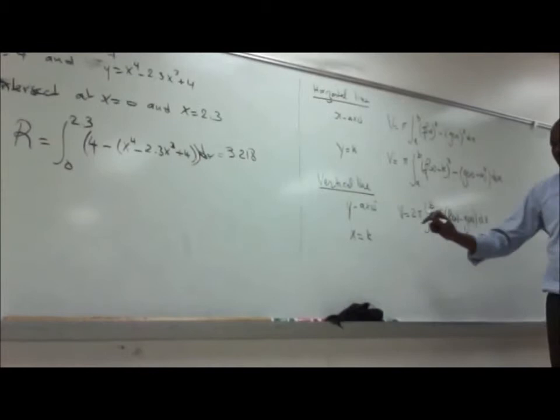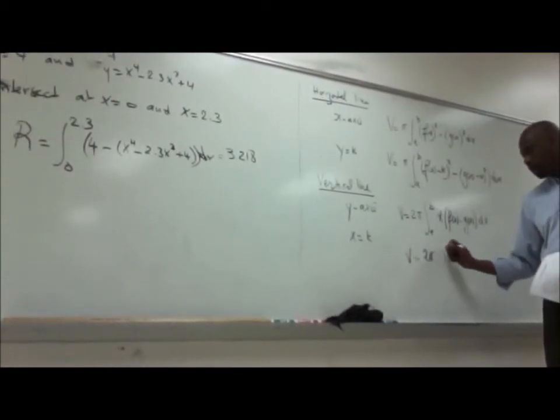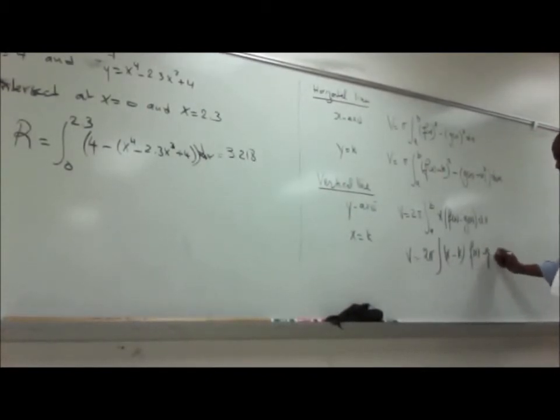When x equals k, the volume V equals 2 pi times the integral of x minus k times f of x minus g of x dx. That's it.